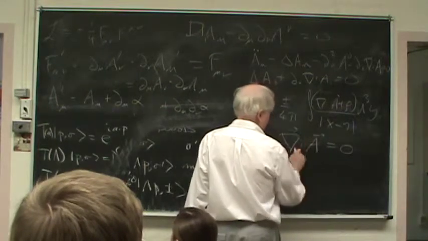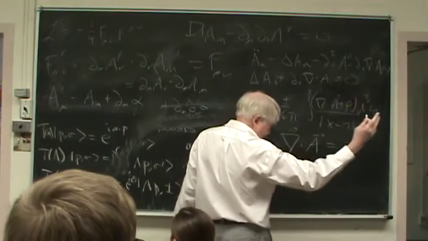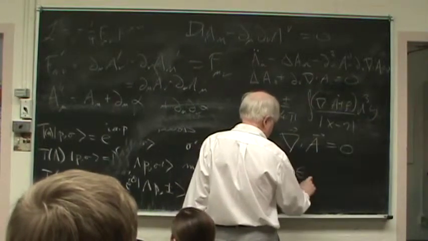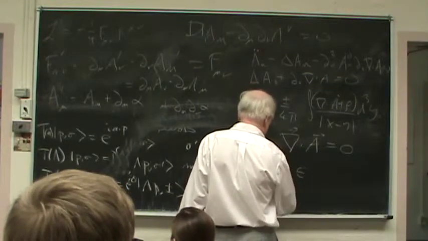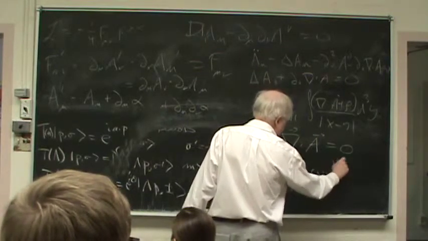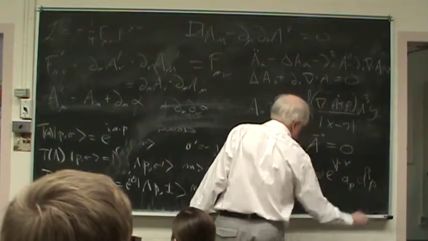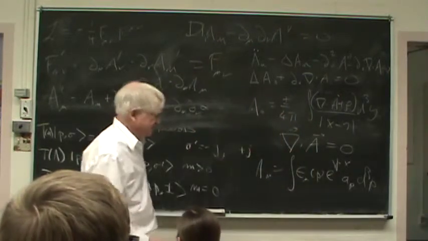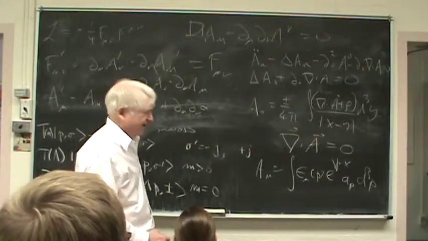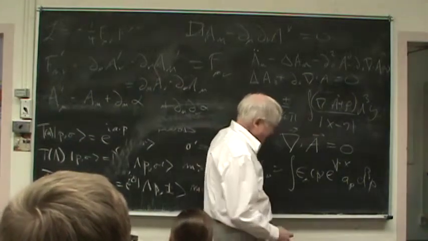So this is transverse in the sense that if you expanded A in terms of momentum eigenstates and epsilon vectors, so A_μ is an integral of epsilon_μ of p e to the i p x a_p d^3p, and I've set h bar, c, and 2 pi equal to 1.